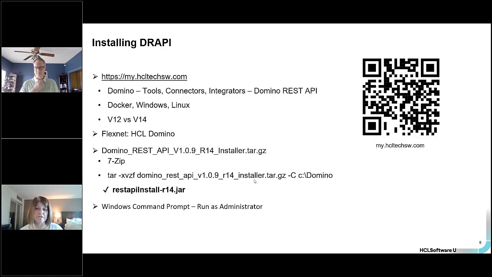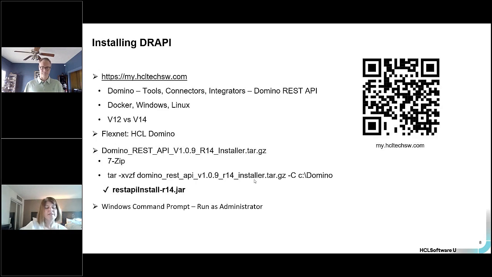One thing I want to mention about 7-Zip is that if you use it to extract a tar.gz, you will need to run it twice. The first time you run 7-Zip against the tar.gz file, it extracts out a tar file. Then you run 7-Zip again against that tar file to extract out the actual jar install file.